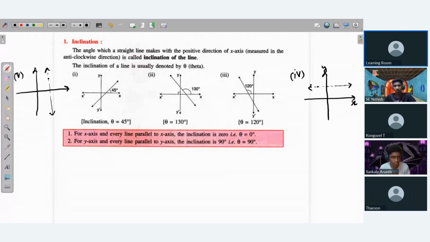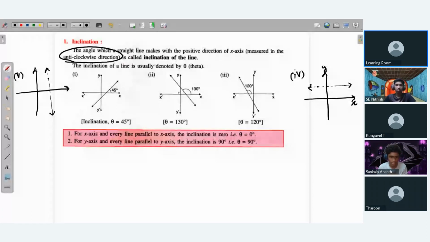What we are interested in is the angle which it makes with the x-axis in the anti-clockwise direction. In the fourth case, it's not possible. We will discuss why. Anti-clockwise means like this.